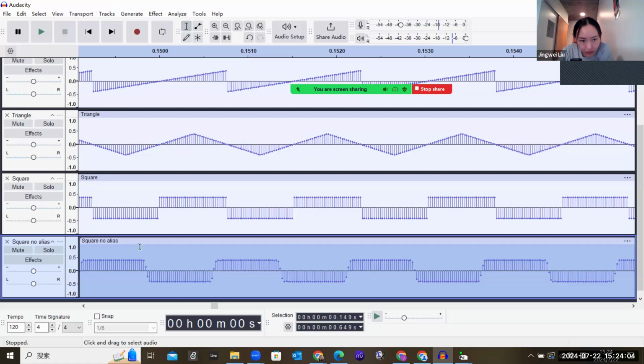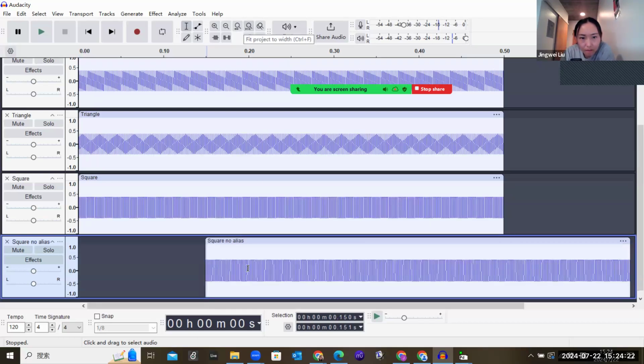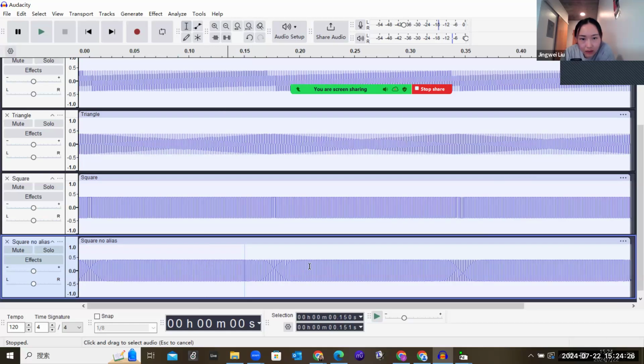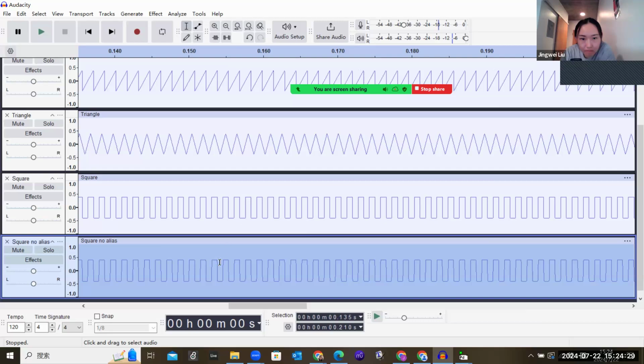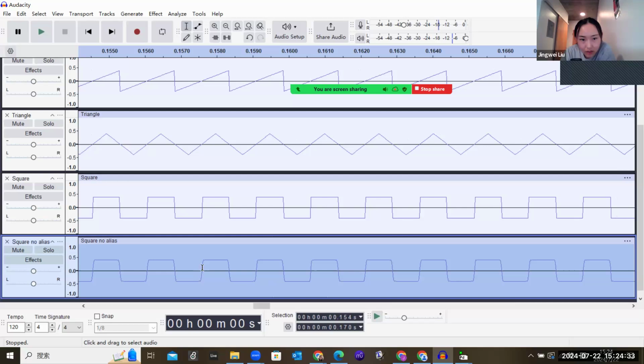You can see this square wave here, right? When you generate the square without alias, it's not the perfect square anymore. So you have this nuance. Even from here, you can tell there's some ramp, some slope here.